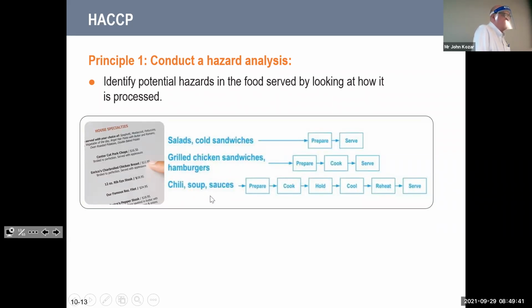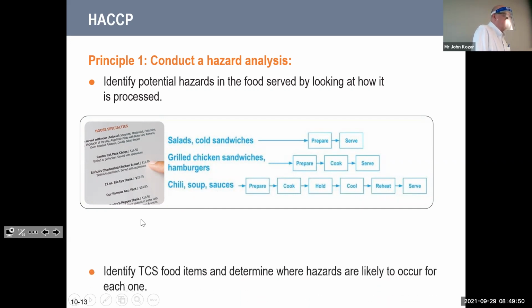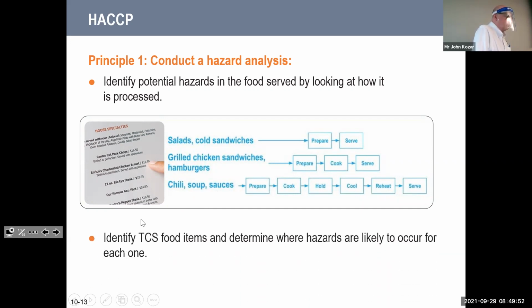For things like chilies, soups, sauces, prep, cook, holding, cooling, reheating, and serving all could be critical control points. So for each TCS item that we have on our menu, we have to determine where hazards are likely to occur for each one. So it may be one or more of these points in any one of the processes.